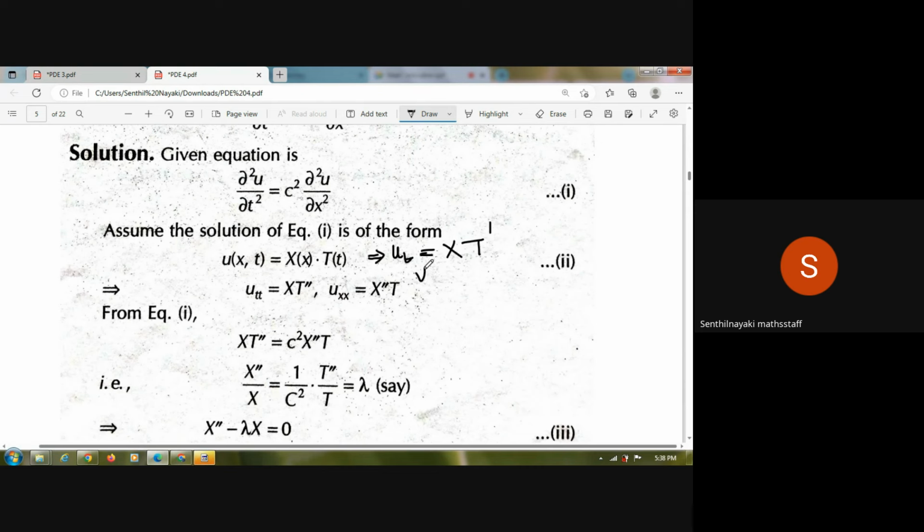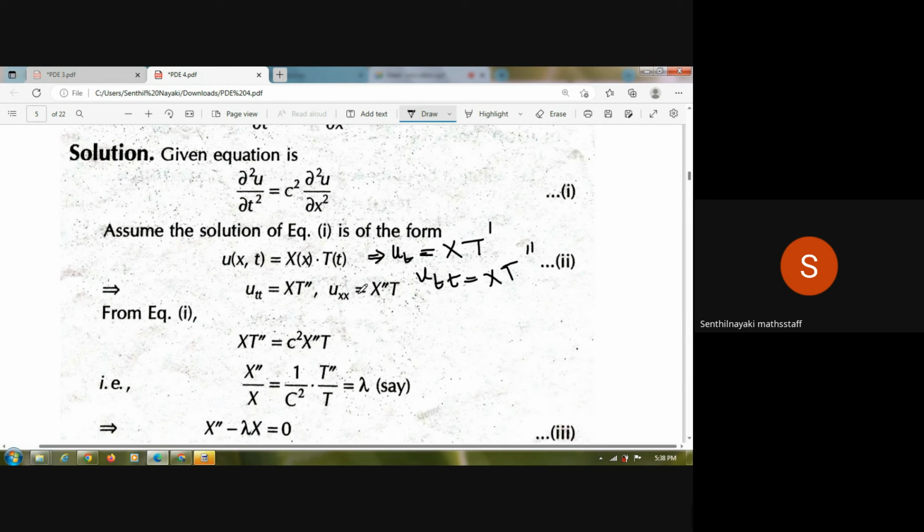If you differentiate further, then we get u_tt. Again X is a constant because it is a partial derivative, therefore we get T''. Similarly, we can find u_xx. At that time, we keep T as a constant, then we get X''·T.